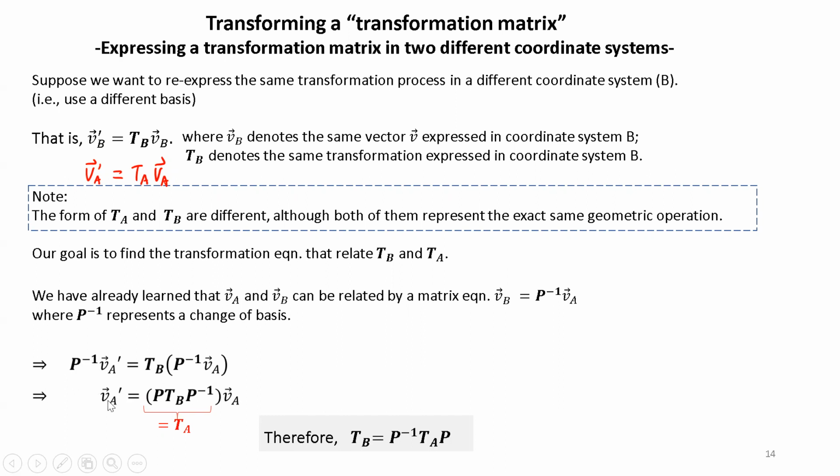Then I will obtain VA prime equals the product of these three matrices multiplied by VA. And this whole thing has to be TA. So this is what we had in the last slide.